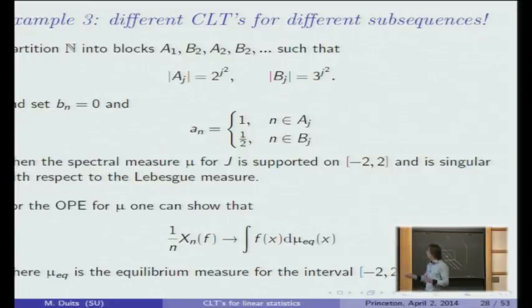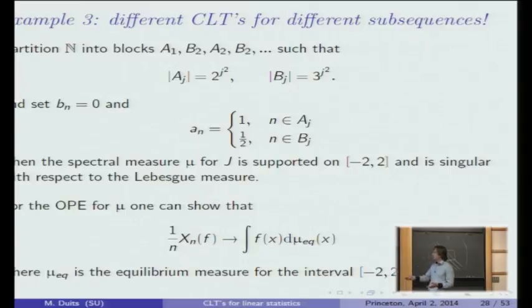Then we set all the recurrence coefficients on the diagonal to 0, but we choose the recurrence coefficients a_n to be 1 if we are in the block Aj, and a half in the block Bj. So we have large growing blocks where you only see a half, and large growing blocks where you only see 1.